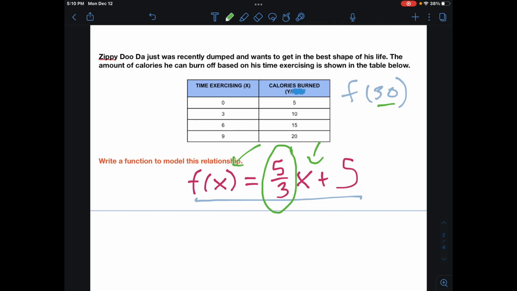Now our initial value is the same as our y-intercept. So when our x value is 0, then whatever y value we have, that will be our initial value, which in this case is 5.